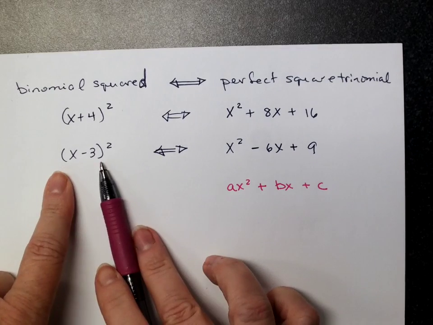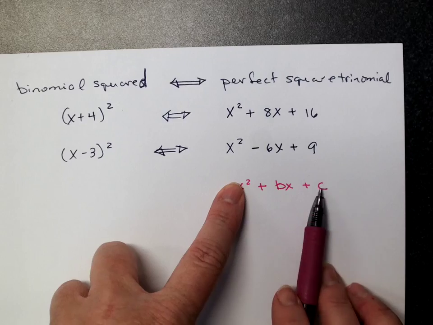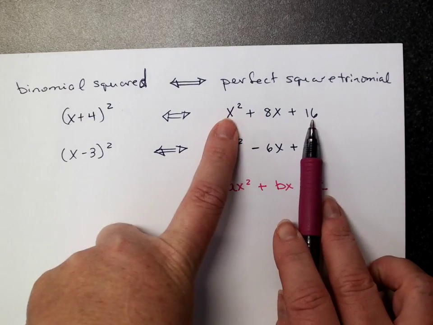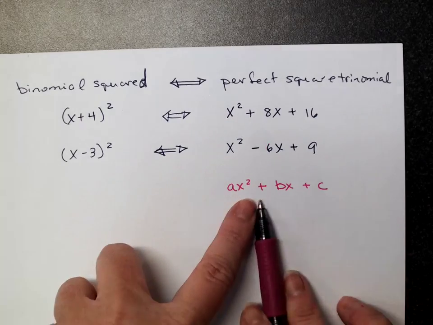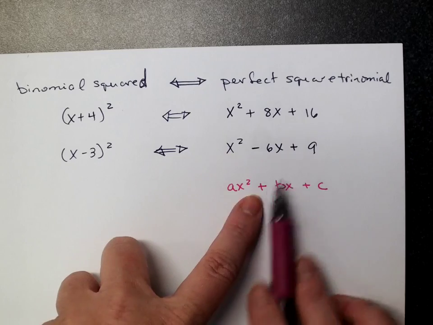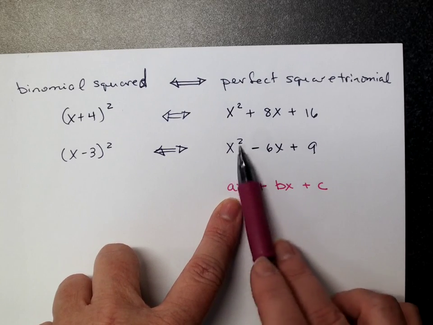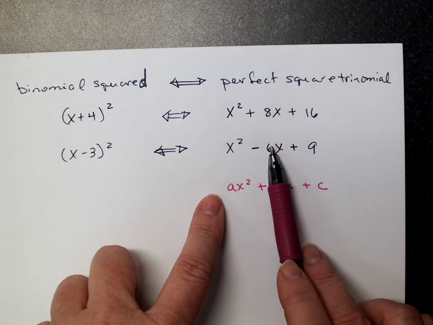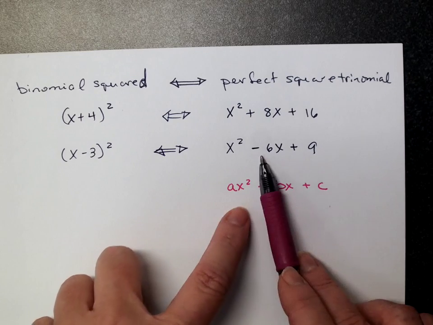And because it came from a binomial squared and therefore makes a perfect square trinomial, that means that your first term and your last term are perfect squares, right? This is our general quadratic form, but this is specifically because it's a perfect square trinomial. Our first term is a perfect square and our last term is a perfect square. And our middle term is just the a, unsquared, doubled.